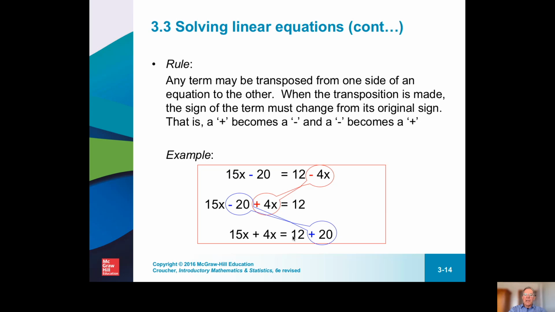So the rule that you probably used when you were at school is that as you cross the equal sign, the sign changes. So my -4 comes over here, becomes a +4. My -20 jumps the equal sign and becomes a +20. That's fine. It works, but you do need to be careful, as it's a bit of a shortcut.